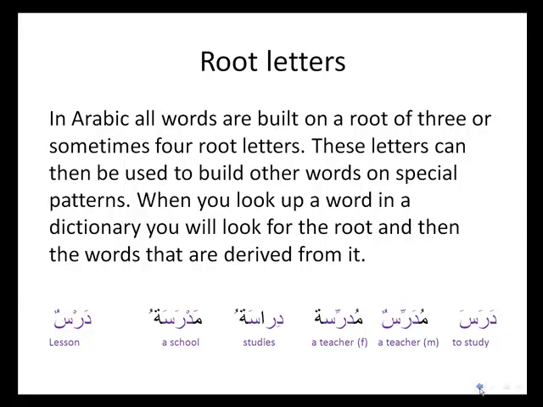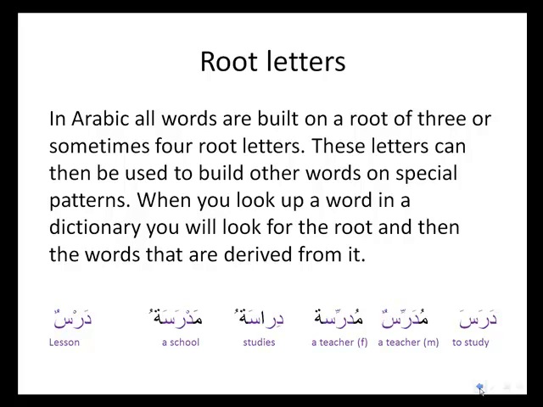Arabic is built on a system of root letters. That means that all words, even though they have maybe 10 letters, have a root of 3, sometimes 4 letters that they go back to. Now, once you know a group of these 3 letters, you can build other words according to special patterns.